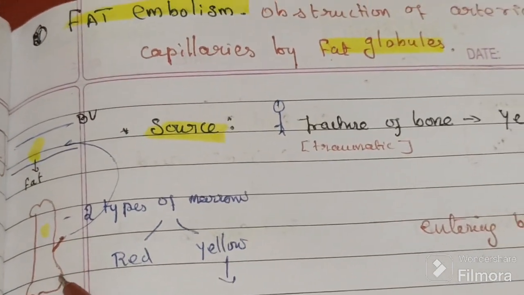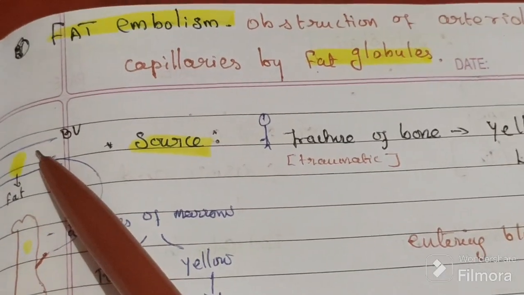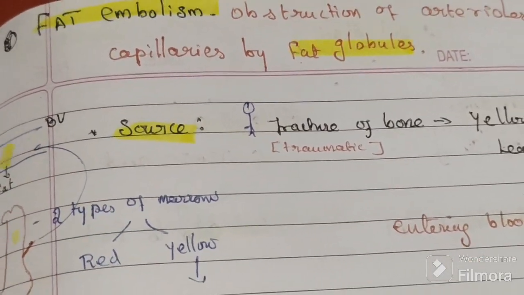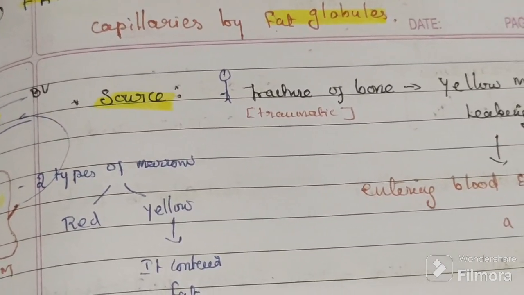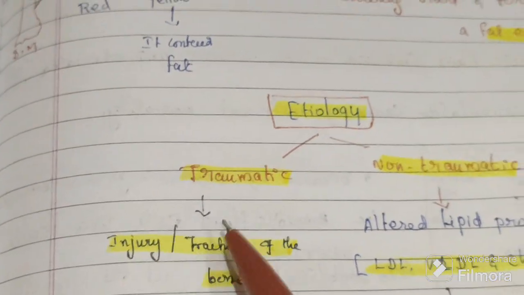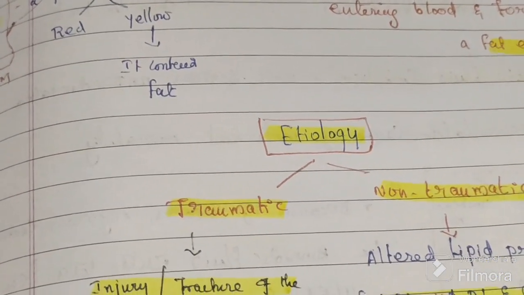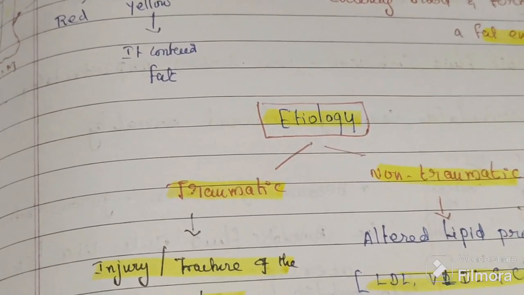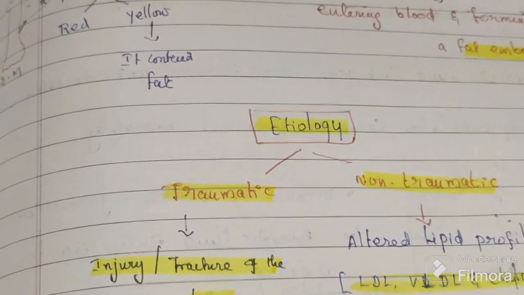This yellow marrow leaks out of the fracture, enters the blood and forms a fat embolus. So this is how a fat embolus is formed by fracture. This is known as the traumatic cause. Traumatic cause means because of the fracture, the yellow marrow leaks out and forms an embolus.